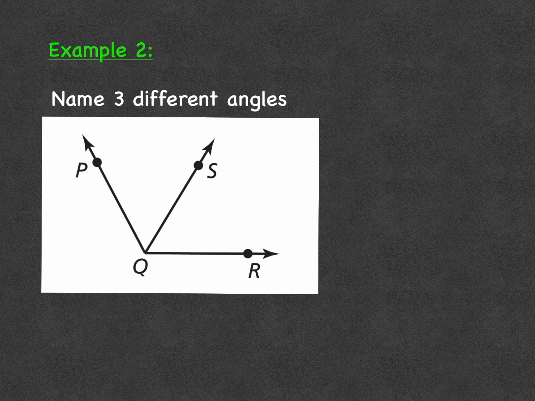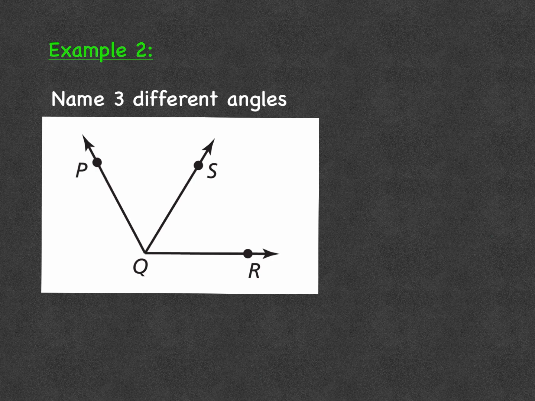Q. How many rays are coming out of Q? 3. We've only been doing ones that had 2 rays. This one has 3. If it has 3 or more rays coming out of it, you cannot name it with just the vertex.